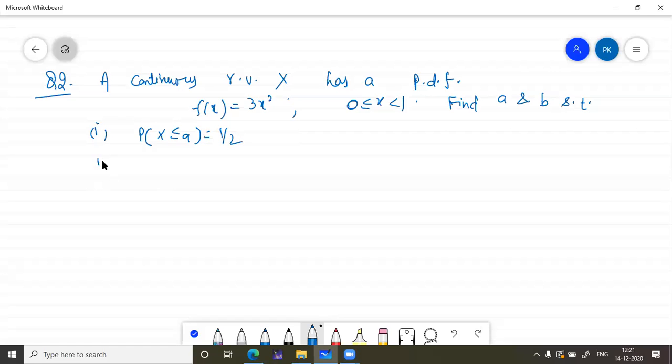And the second one is probability x is greater than b is equal to 0.05. तो a और b की वैल्यू यहाँ पर हमको इवेल्युएट करनी है. So can you evaluate it?